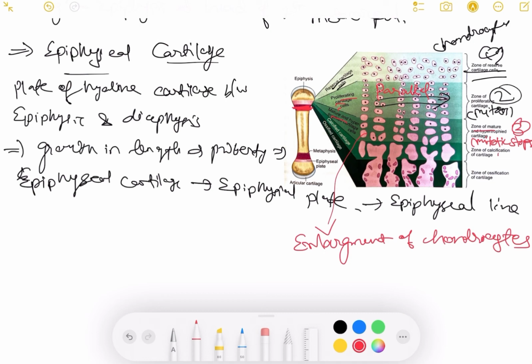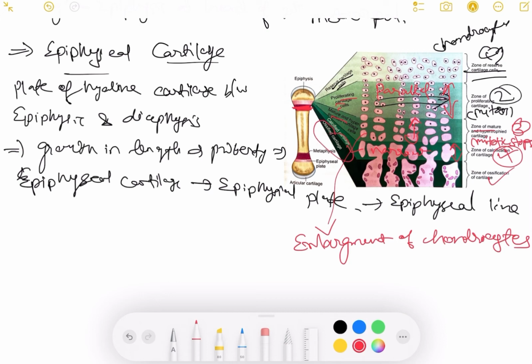Next is zone of calcification of cartilage. Here what occurs? Resorption of dead cartilage cells is observed. This is a narrow zone. So here calcification of cartilage takes place. And you can see these cells are narrow compared to earlier. Earlier this much portion was there, you can see. But this is narrow compared to other zones. Last is zone of ossification of cartilage, where ossification takes place.